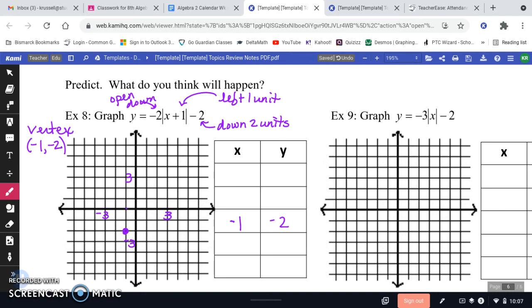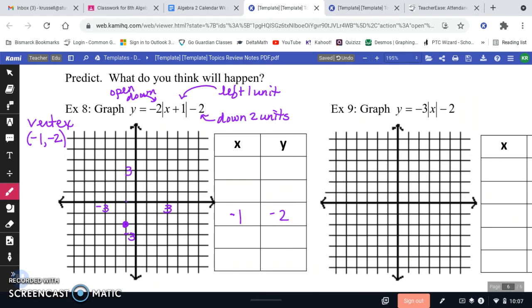Because this graph has symmetry, you've got 2 halves that match up. So here's our vertex. Let's say we choose 0 and 1, so I'm increasing by 1 on both of those x values. If I decrease by 1, then that's going to go -2 and -3.